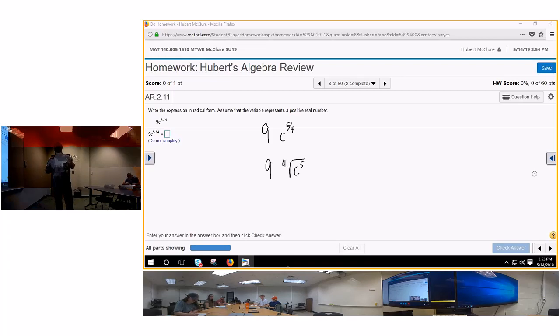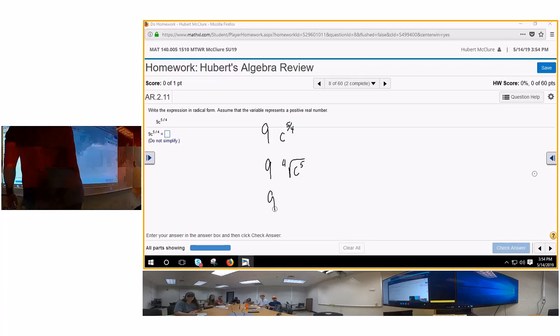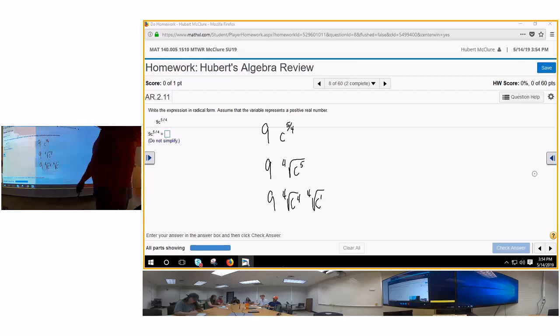I need somebody to give me some interaction. No, you're wrong. Okay? Why? Because the exponent is higher than the what? The index. So that means that one will go into the other. So I got to rewrite this: 4th root of c to the 4th times the 4th root of c to the what? 1st.